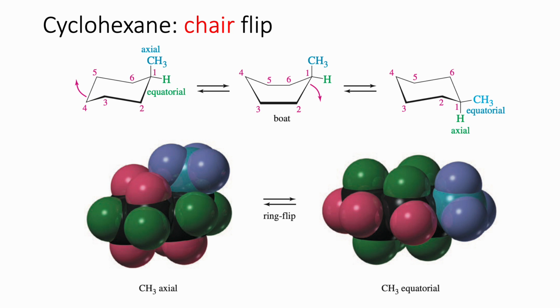They change positions, but up stays up and down stays down. That methyl group at carbon 1 is pointing up on the left and on the right. The equatorial H at carbon 1 is pointing down on the left and on the right. They're switching between equatorial and axial during the chair flip, but they are not switching between up and down.